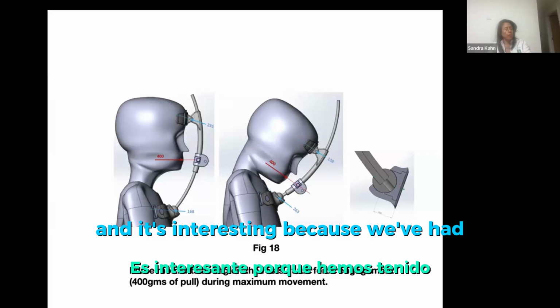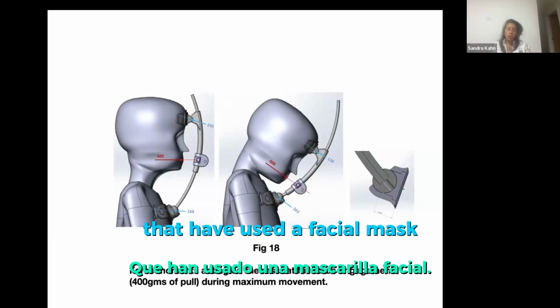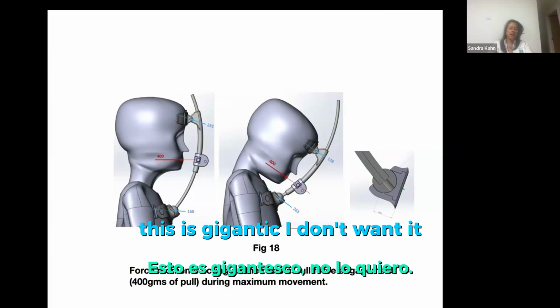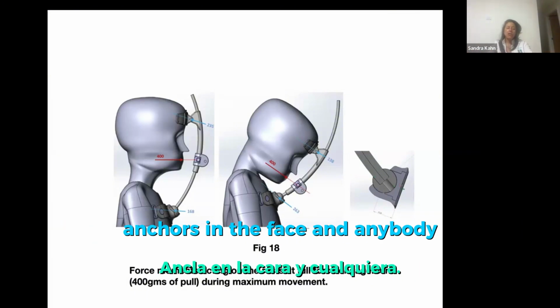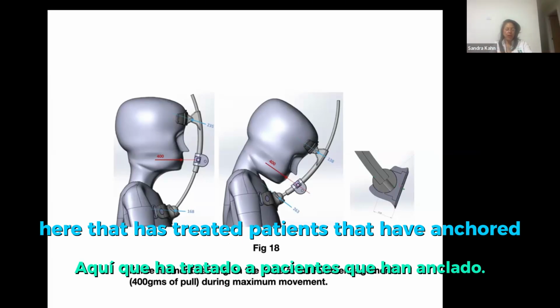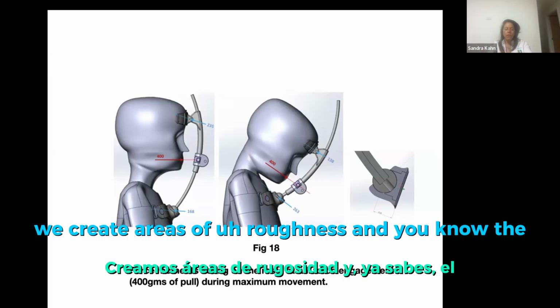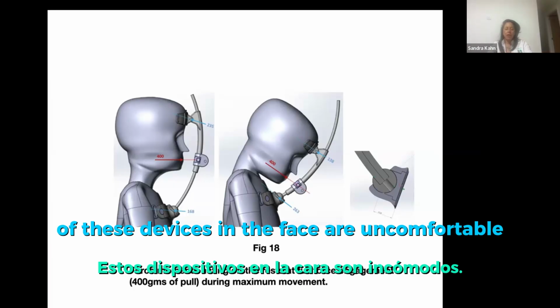And it's interesting because we've had clinicians give the bow to patients that have used a facial mask, a petite or a delaire. When they first look at it, they say, oh no, this is gigantic, I don't want it. But anybody here that has treated patients that have anchored in the face knows that we create areas of roughness, and the irritation of these devices in the face is uncomfortable.